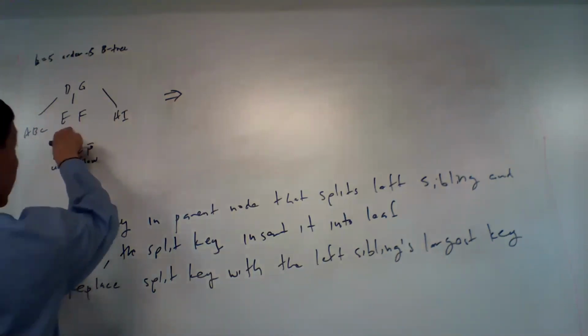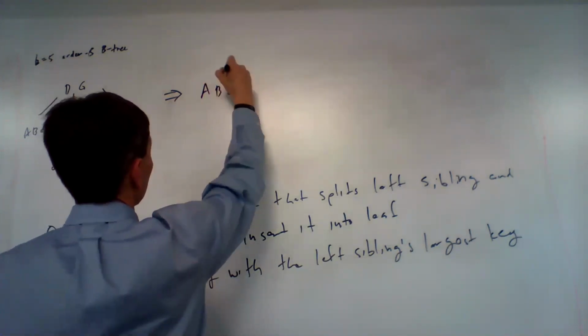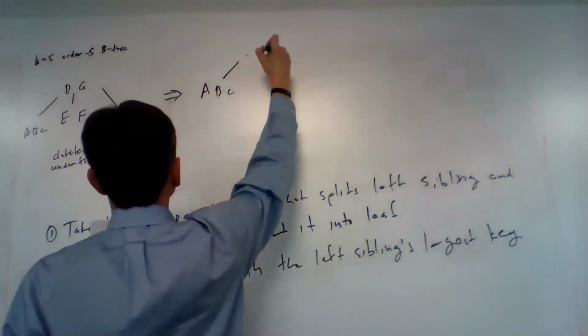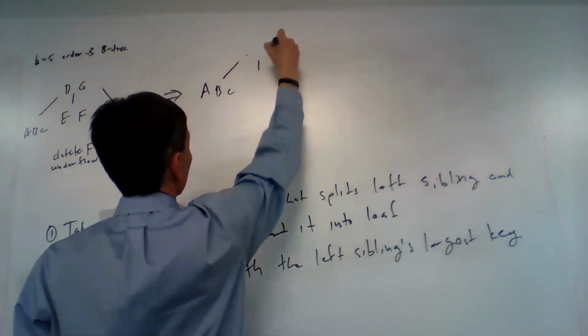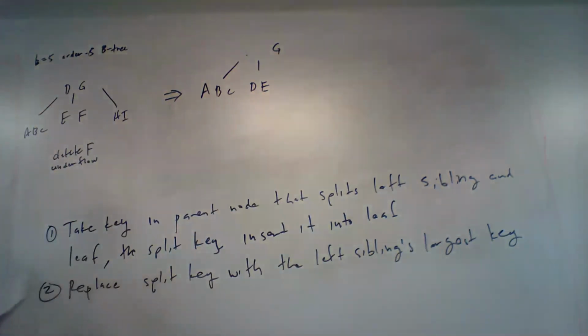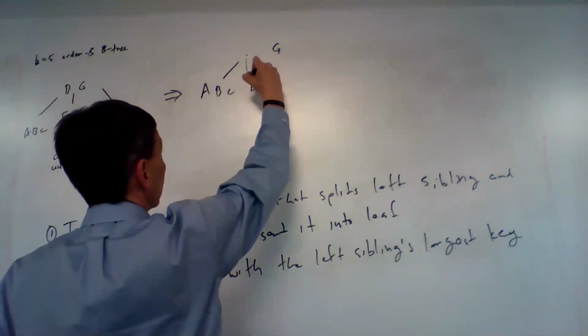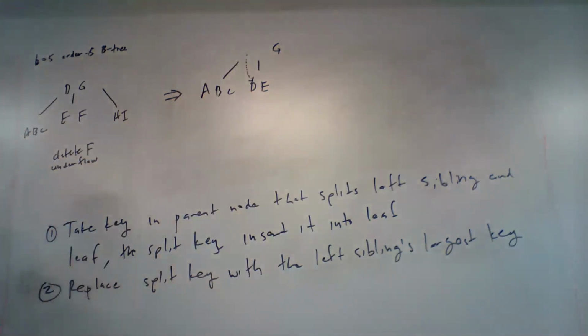And we move it down here. So we would get A, B, C, and then there's sort of a hole there, G, and then we're going to get D, E, and F is gone, right? So we've moved the split key down to the leaf.